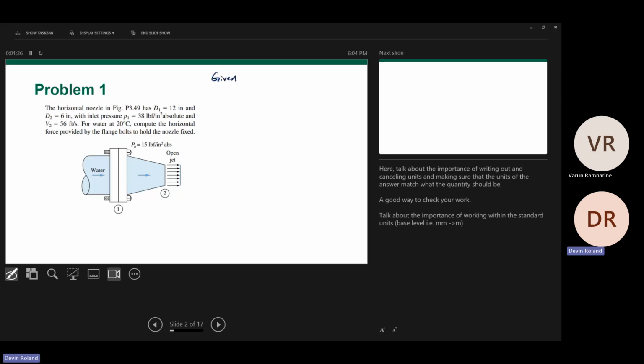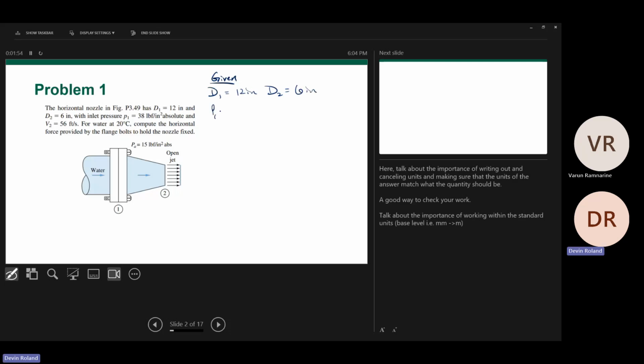So for the givens, I'll just write these down real quick. We have diameter 1 is 12 inches, and diameter 2 is 6 inches.